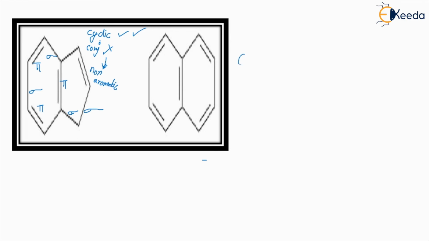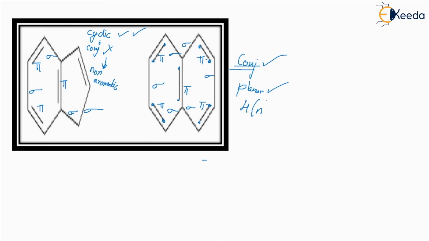For the second one, let's see the conjugation. Pi, sigma, pi, sigma, pi, sigma. Then over here from pi you have sigma, pi, sigma, pi, sigma. It is conjugated. It will obviously be planar in nature. Now let us calculate the number of pi electrons. 1, 2, 3, 4, 5, 6, 7, 8, 9, 10.